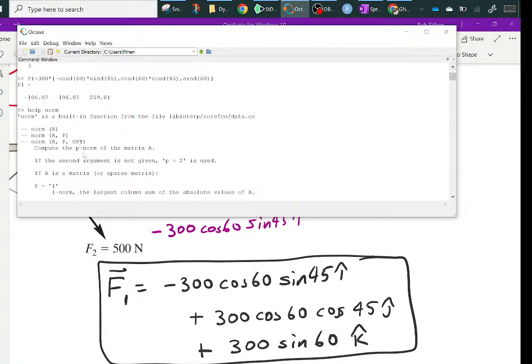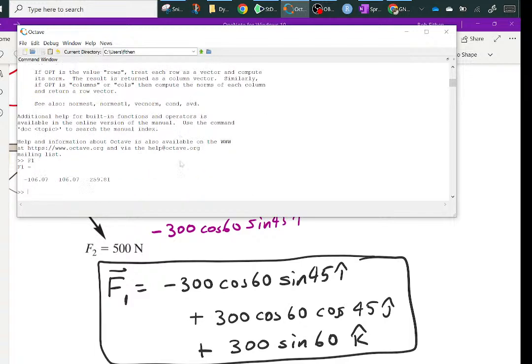So it says compute the p norm. If the second argument is not given, p is equal to 2, meaning it's the square root of the sum of the squares. So first of all, let me remember, here's f1. Now I'm going to do the norm of f1. Anybody have an estimate of what it should equal? Think about what we did.